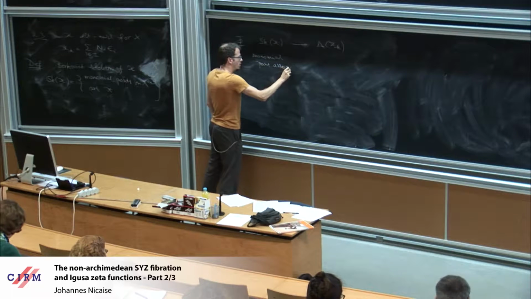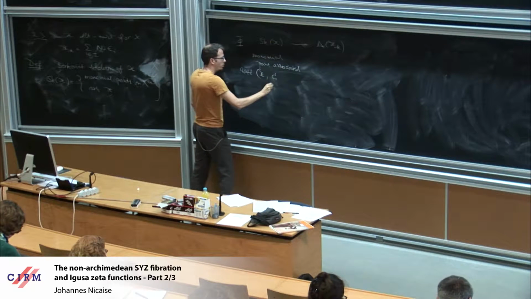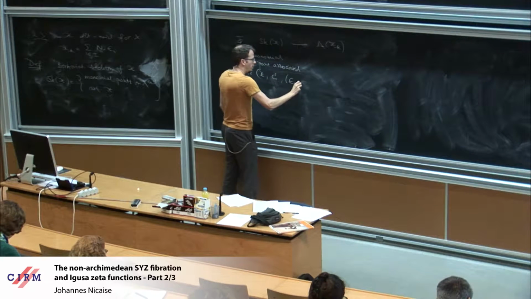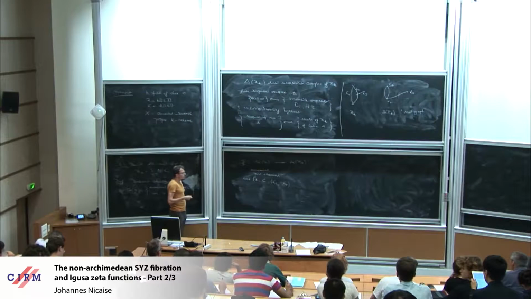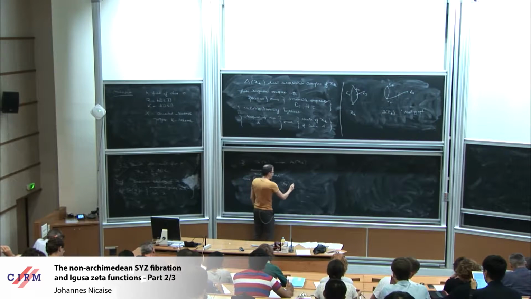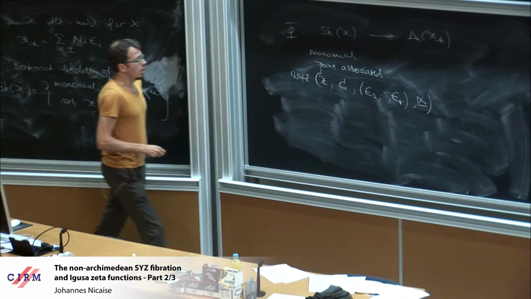associated with curly x, a stratum C, so E1 to ER are the irreducible components of the special fiber which pass through C. And then I have this tuple alpha of continuous parameters.